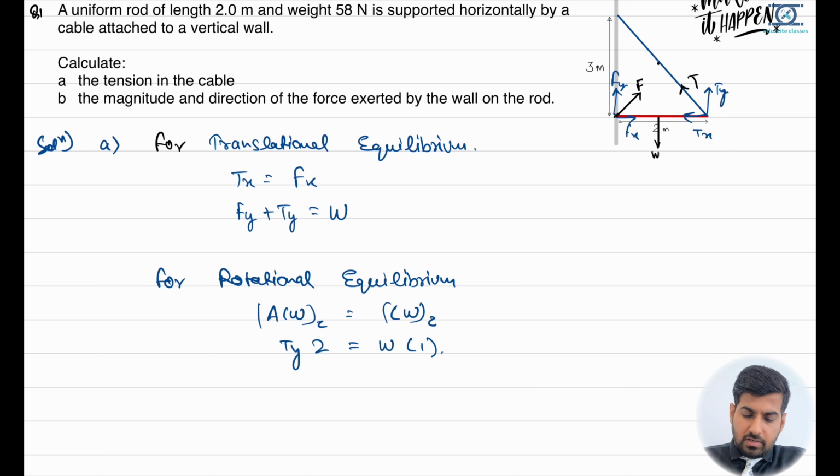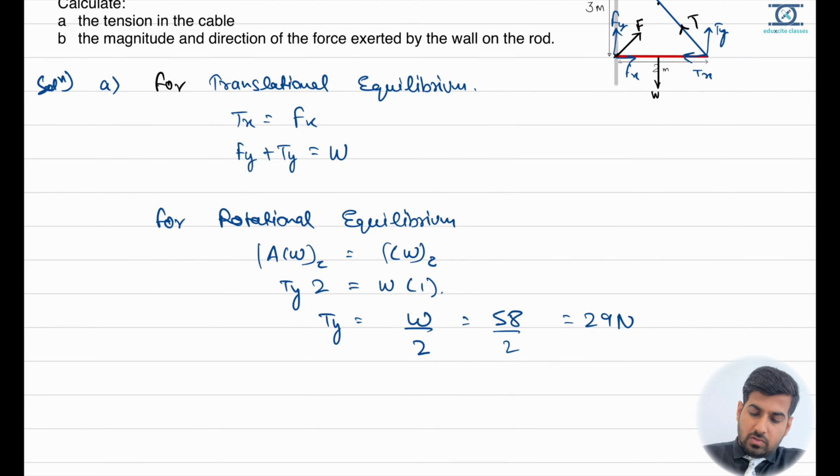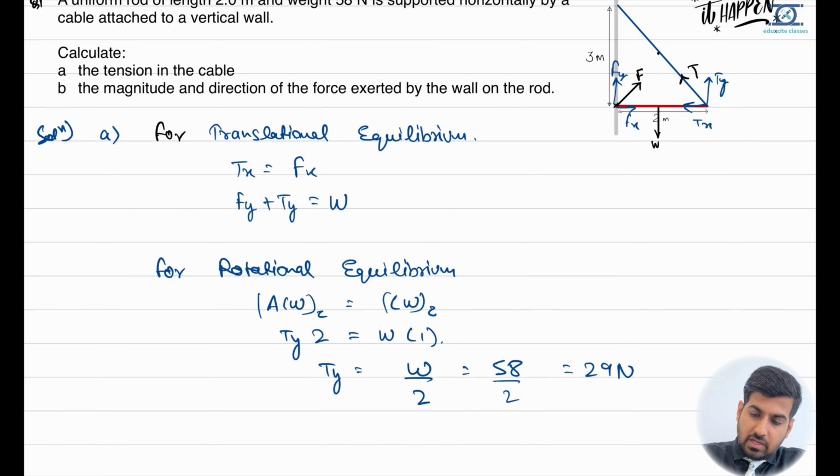Now putting in the values, Ty will be W by 2, so W is 58, divided by 2, will be 29 Newton. Also, if this is angle theta, I can say Ty is nothing but T sine theta.